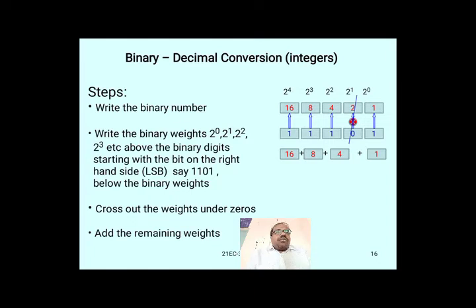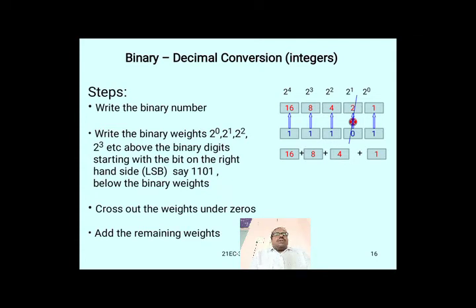Now multiply the given binary number digits with the positional weights, which are the binary weights. 1 into 1 is 1. 0 into 2 is 0. 1 into 4 is 4. 1 into 8 is 8. 1 into 16 is 16. Now add all the digits: 16 plus 8 plus 4 plus 0 plus 1. Now we get the corresponding value of the decimal number.